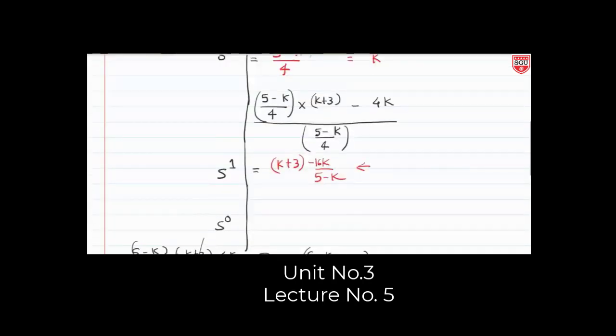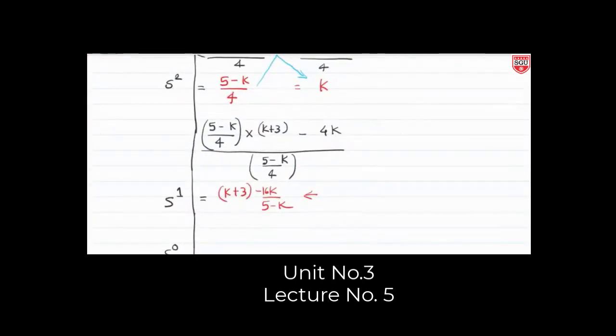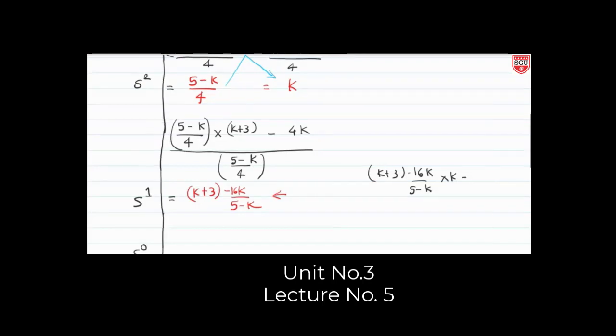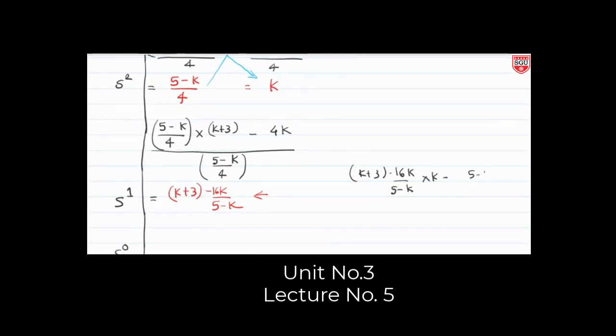The same thing will happen if we consider this term, whatever you have found, that is k plus 3 minus 16k divided by 5 minus k, multiplied by k minus 5 minus k divided by 4 multiplied by 0 divided by again this whole term.